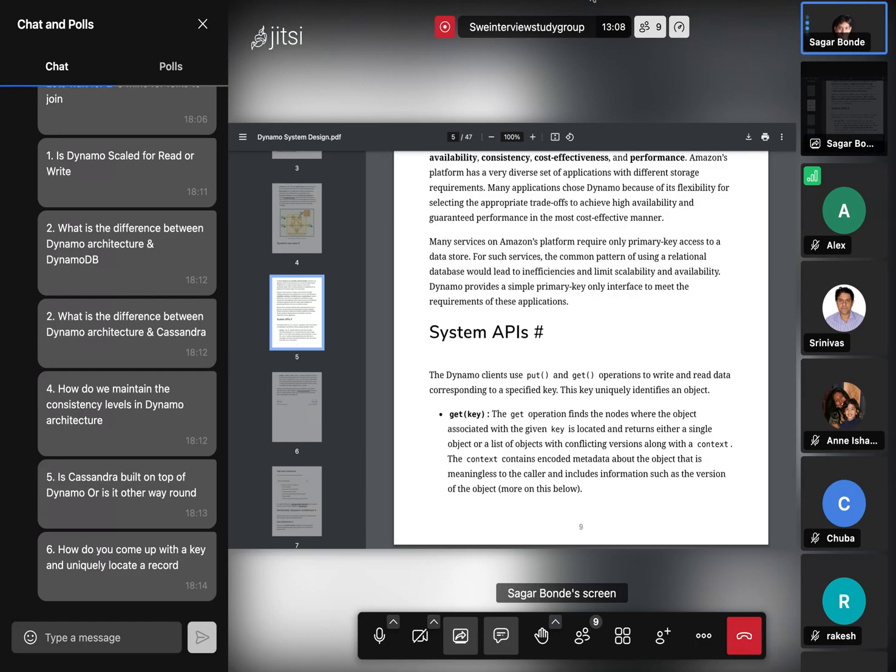They do have a separate partition key that is referred to in the consistent hashing ring. That is something I found out after we discussed. So probably we will have a partition key and a separate primary key or some sort of indexing way to find the record in that particular partition.